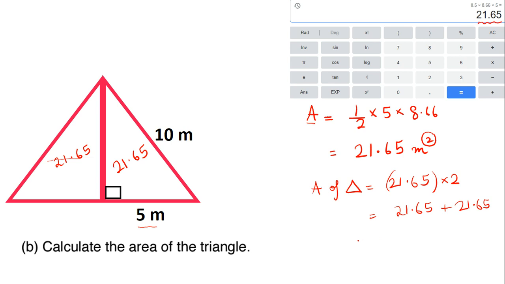Both of these are the same, and my answer is going to be 43.3 meter square. Hence, B part is also solved. The area of this entire triangle is 43.3 meters square.